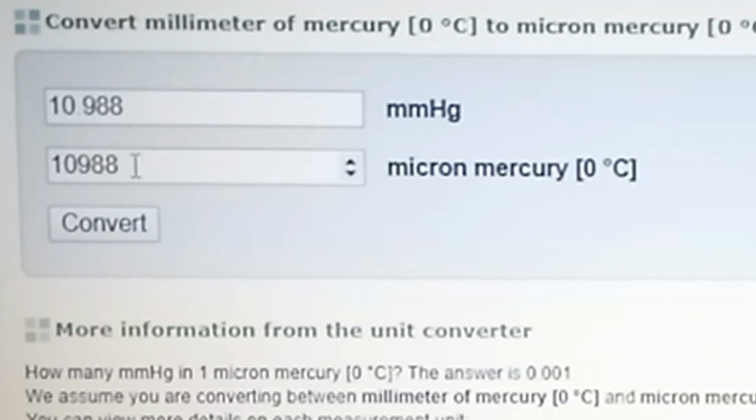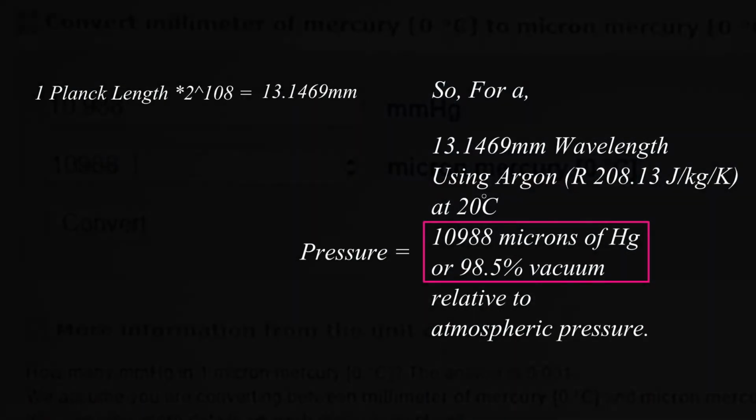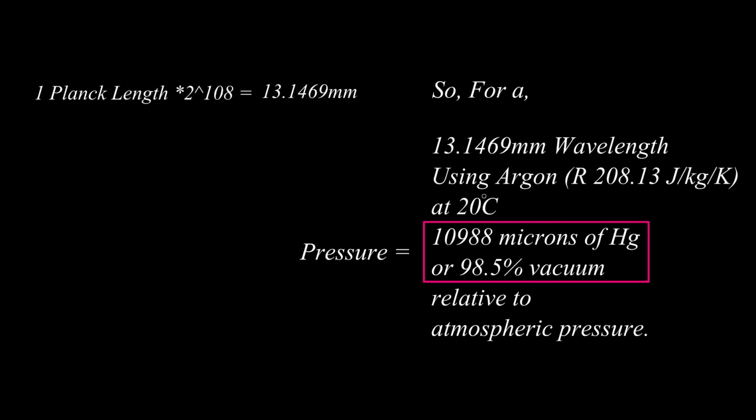So, quite simply, as mentioned before, the Planck length times 2 to the power of 108 using argon at 20 degrees Celsius gives you this pressure, 10,988 microns of mercury.